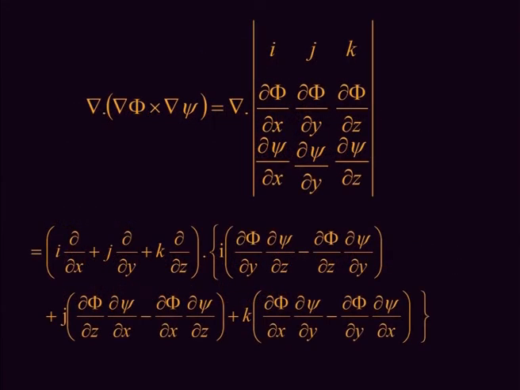Divergence of del phi cross del psi is defined as del dot del phi cross del psi, that is equal to del dot the determinant value of i j k, del phi over del x, del phi over del y, del phi over del z, and in the third row del psi over del x, del psi over del y, del psi over del z, that is equal to i del over del x plus j del over del y plus k del over del z dot some expression in i, j and k as follows.